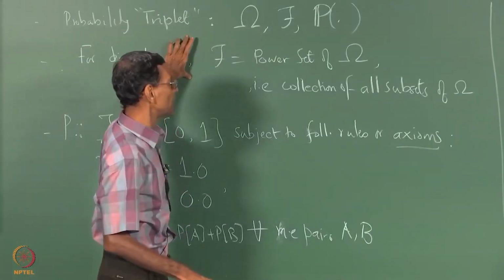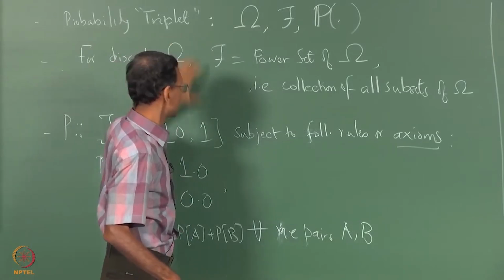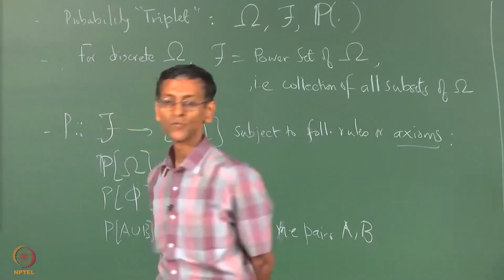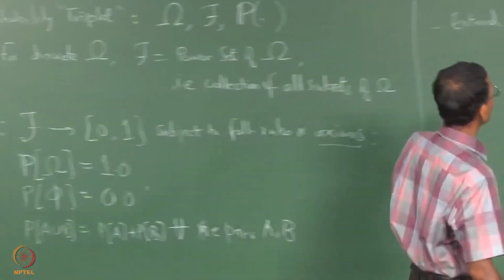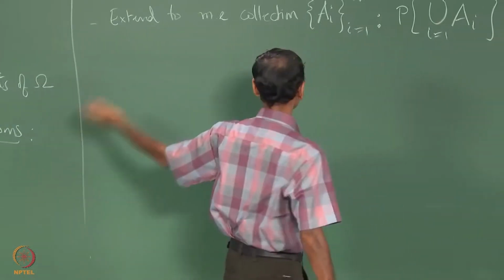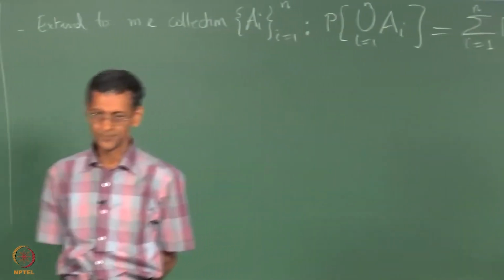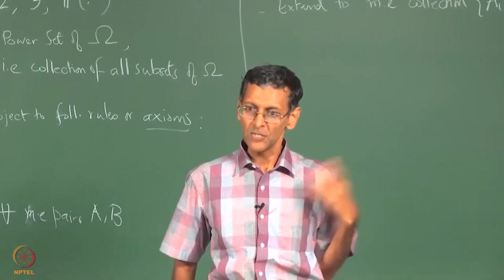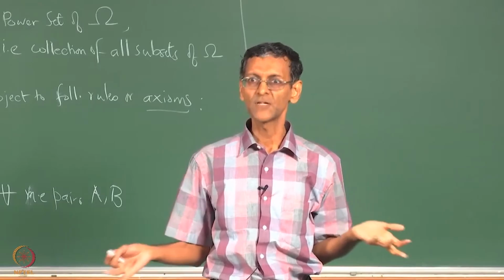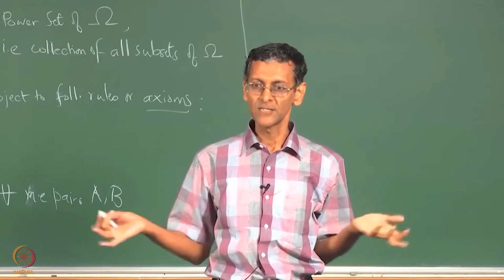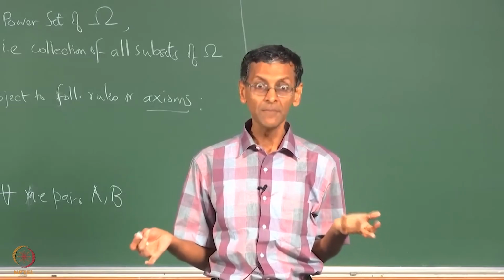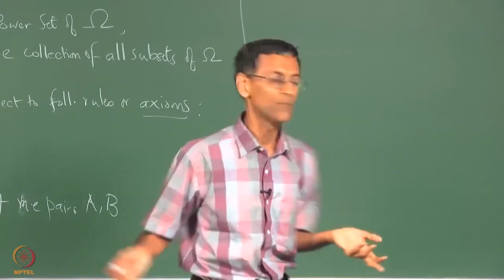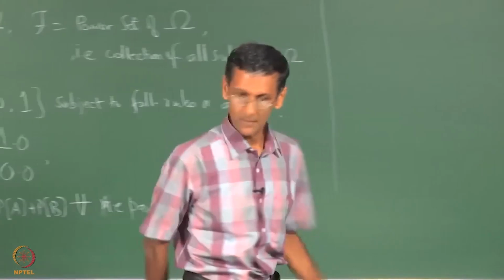This is just an example, a special case, whereas all of this applies to any probability triplet that you define. So this pairwise additivity clearly extends to any collection of n mutually exclusive subsets because of induction. If you start with A, B and C, which are all exclusive of each other, in the sense that only one can happen at any one time, then A union B will be exclusive of C, and so on and so forth. So obviously this extends quite obviously.